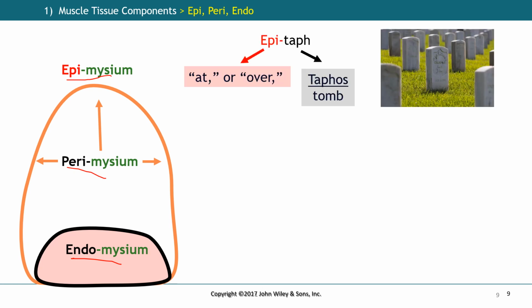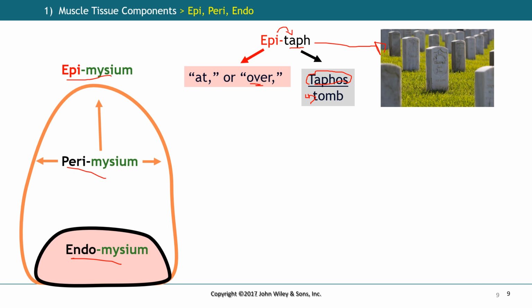So for example, if you remember the word epitaph, an epitaph is the rock that goes on top of your thumb. Taph comes from taphos, that means thumb, and epi means that it goes over, on top. So it's the rock that goes on top of your thumb. It helped me to remember that epi goes on top.